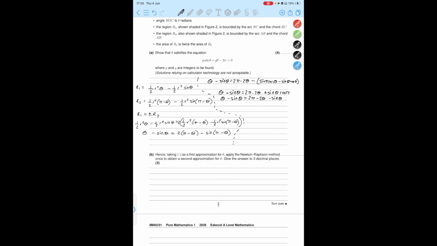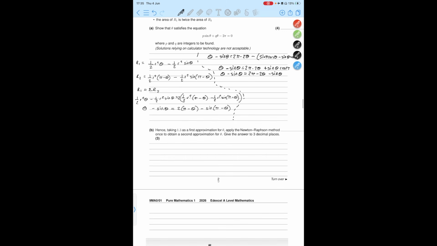So now let's rearrange. Okay? Hold up one second. That doesn't look very good. Oh, did I make a mistake here somewhere? Ah, yeah, I've spotted it. So this is a very silly mistake, so don't do this.